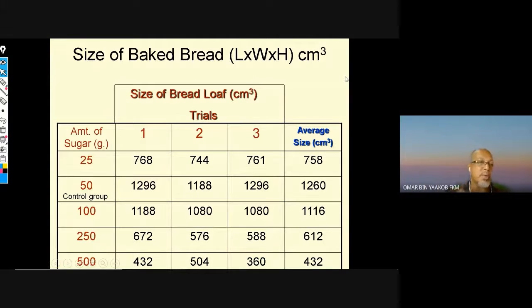So now, based on this, what do you think should be his conclusion, or what should he do? Anybody has any idea? Any comments? The hypothesis says that the more the amount of sugar, the bigger will be the size of the bread loaf.